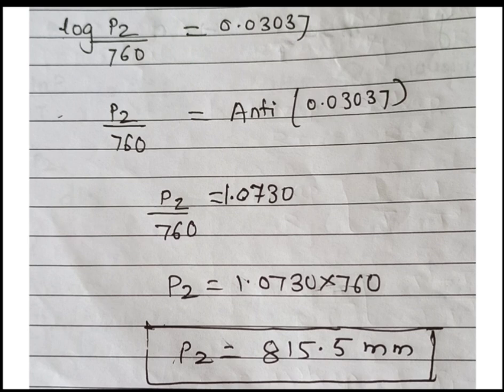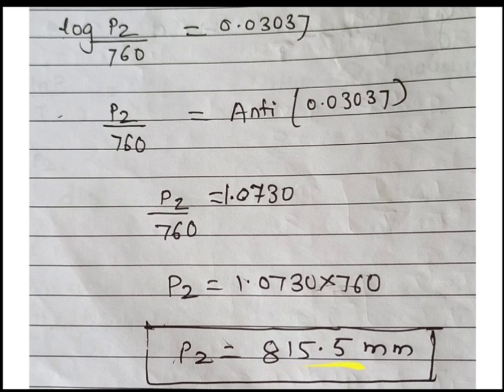So P2 upon 760 is equal to anti-log of 0.03037. After taking the value it comes to 1.0730, and now find the value of P2. So P2 is equal to 1.0730 into 760, which gives P2 equal to 815.5 millimeter.